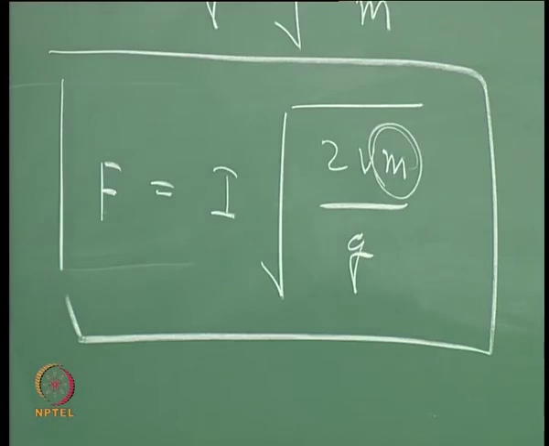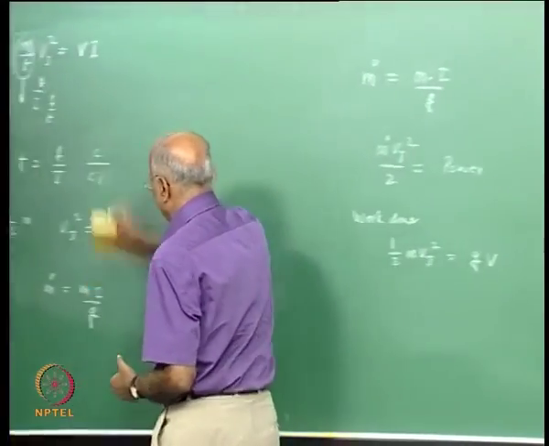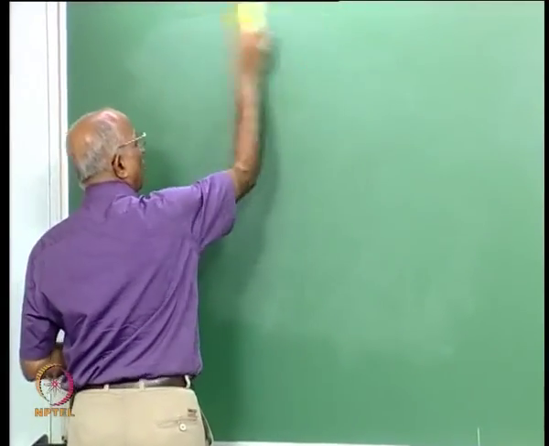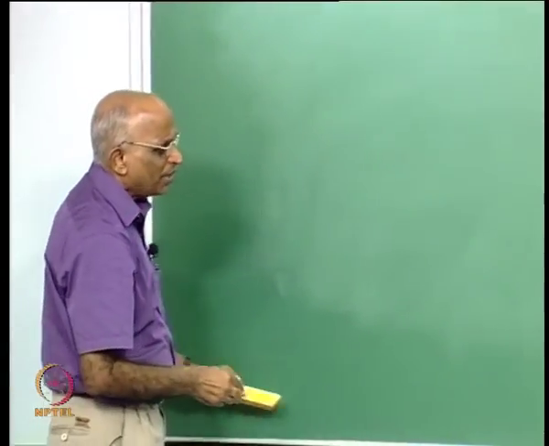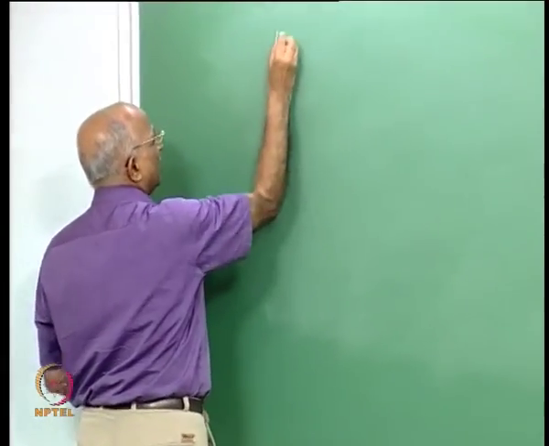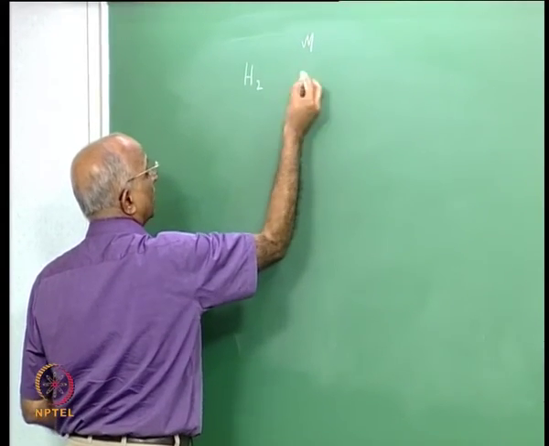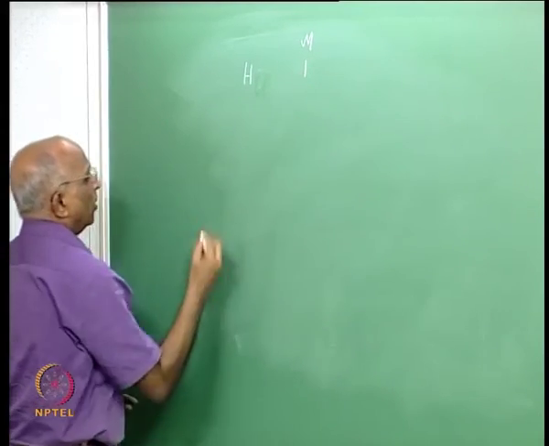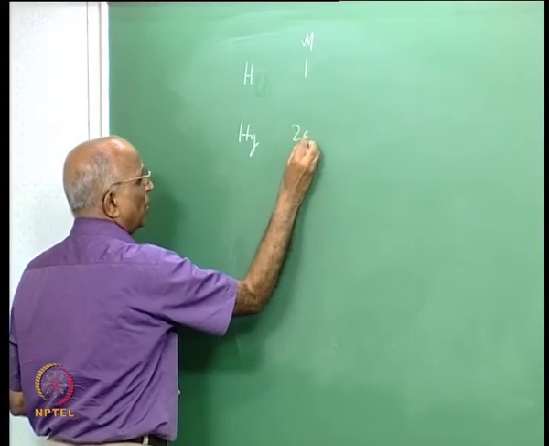Let us look at some properties of the propellant I would require. Just like we said a propellant for chemical propulsion should have low molecular mass and high temperature, let us see: hydrogen has a molecular mass of 1. Mercury has around 200.